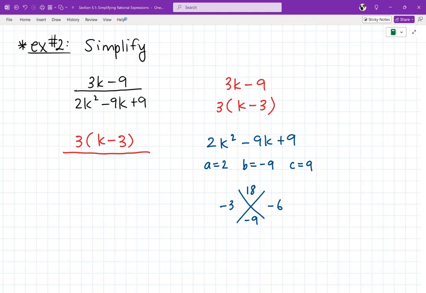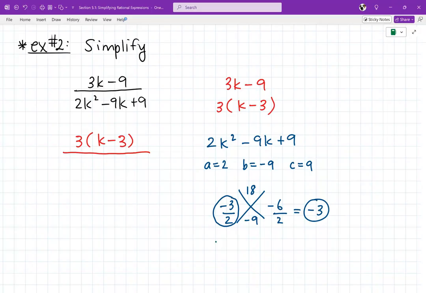So I'm going to have to divide by 2 because that's my a. Now on the right side, negative 6 divided by 2 is negative 3, so that's good. And on the left side, well, negative 3 divided by 2, I can't do that, so it just stays the way it is.